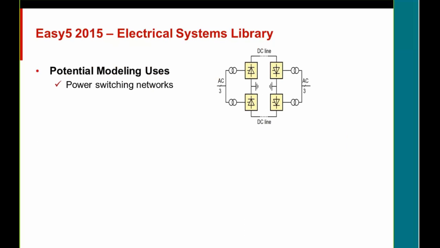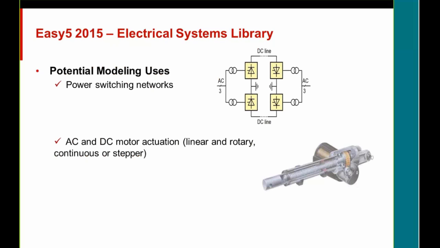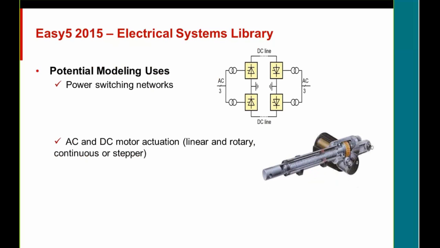So what are some potential modeling uses for this? Well, some uses would be for power switching networks where you have power systems that require switching. You can use it for AC and DC motor actuation, so for control surfaces or robotics.